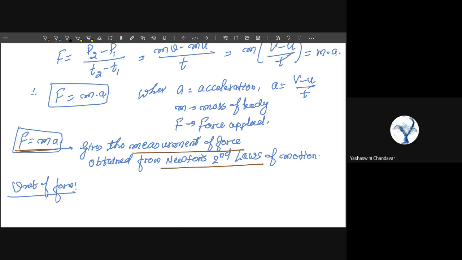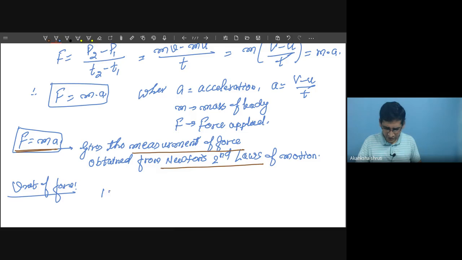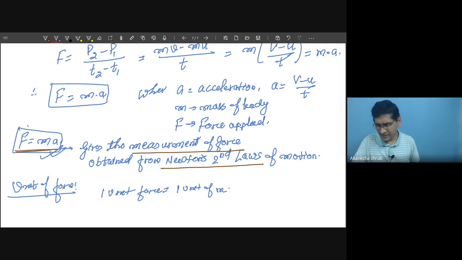Newton. So this 1 unit of force should be kg meter per second square, applying this formula. First listen carefully. For 1 unit of force, I need to take 1 unit of mass, and this 1 unit of mass has to be given an acceleration of 1 unit, so 1 unit of acceleration is produced in the body.